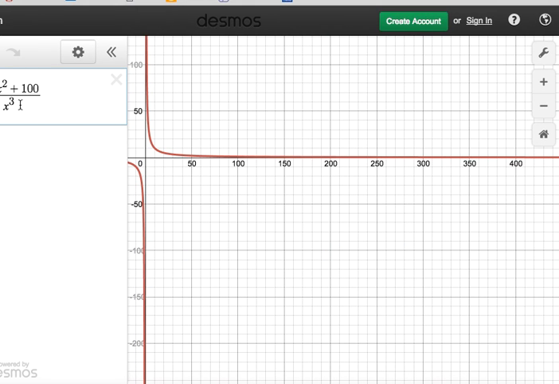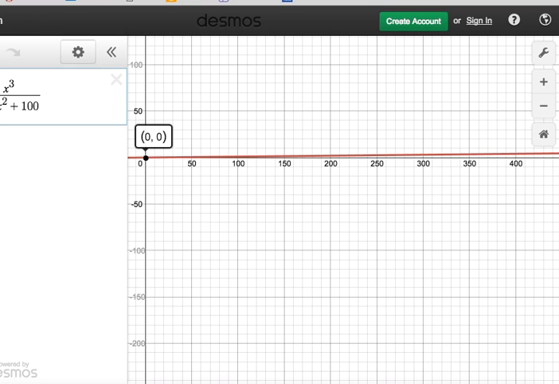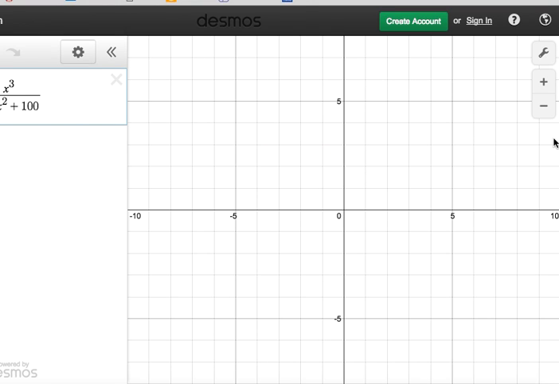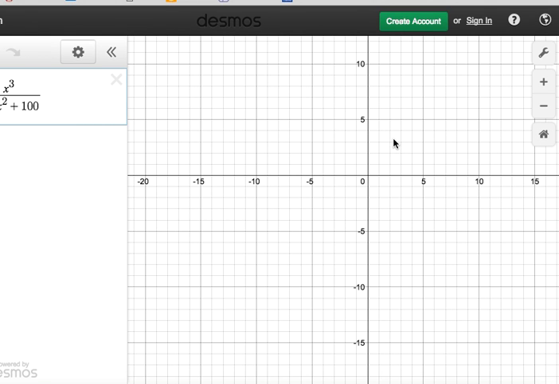So if the degree of the numerator is bigger, so if I just switch these two things around, 100x squared plus 100 and x cubed. So x cubed is bigger than 100x squared plus 100.